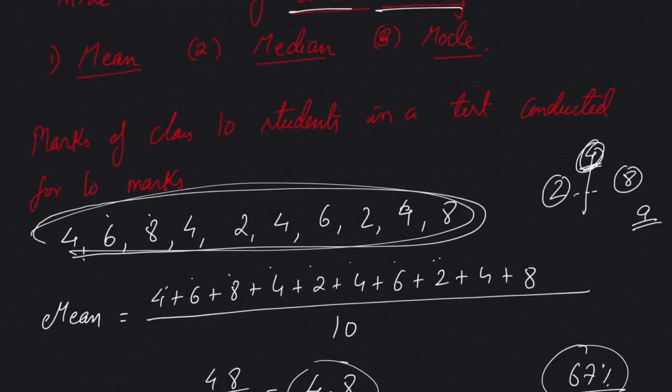For example, like the marks of say 10 students, if I say the average marks of all the students in that classroom in that test is 4.8, that means most students got around 4.8 marks.